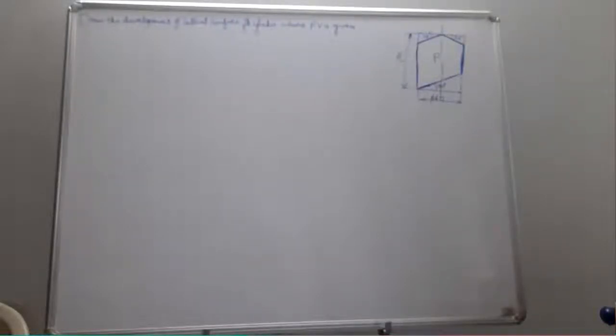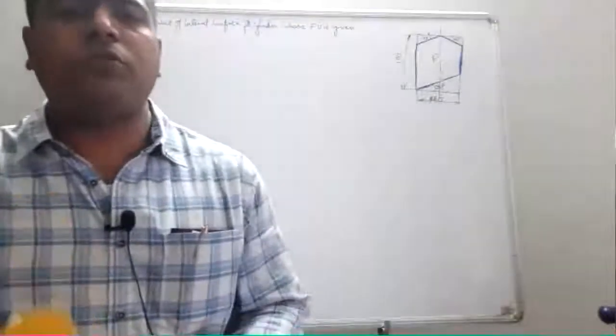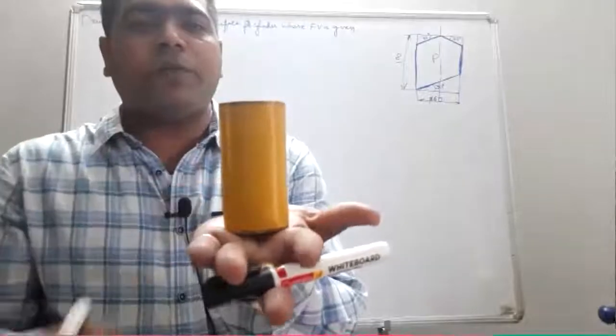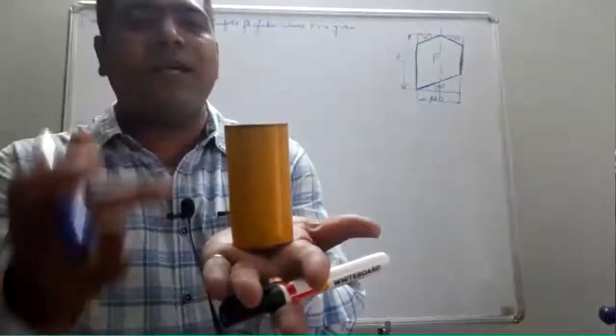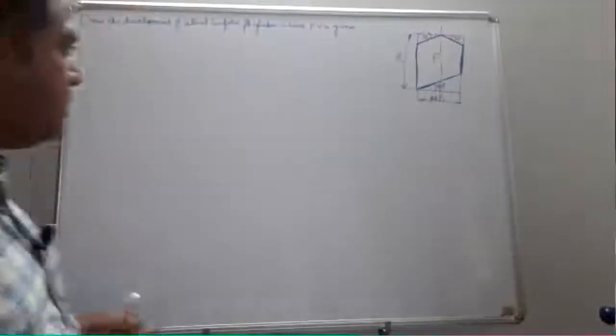When the cylinder front view is obtained like this, what was the basic position when the cylinder is resting on HP? The front view becomes a rectangular surface, so the top view gives the true shape.